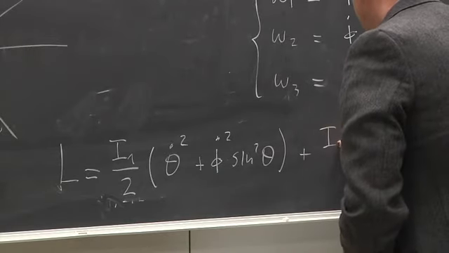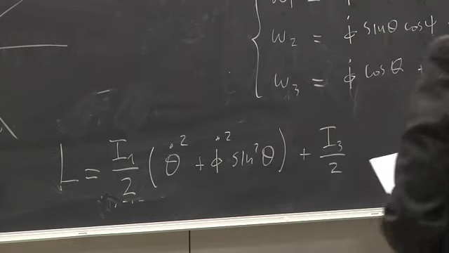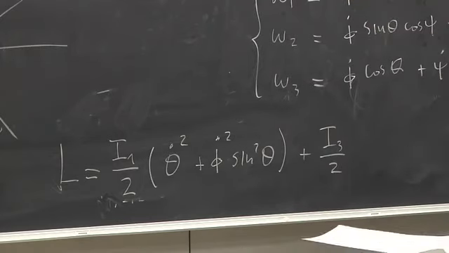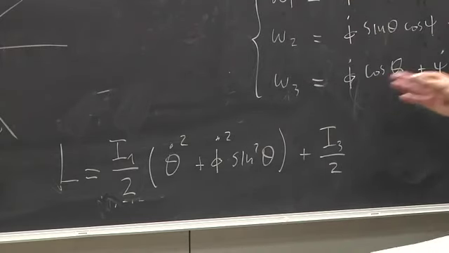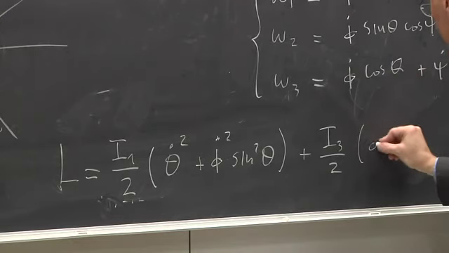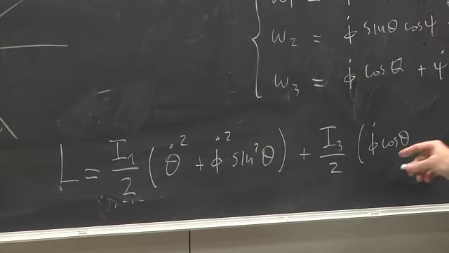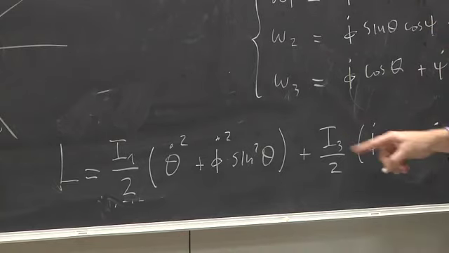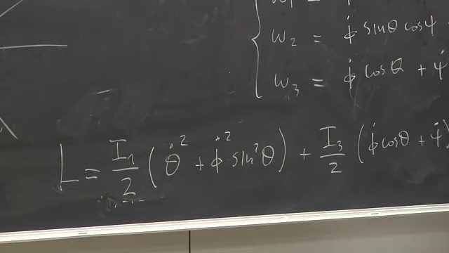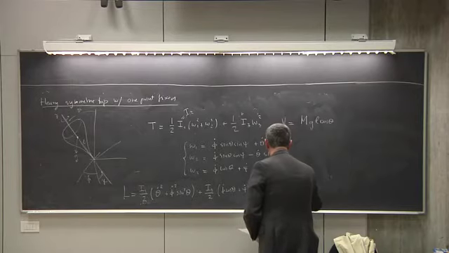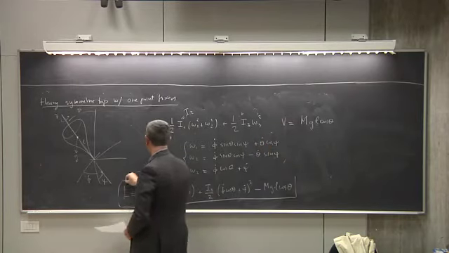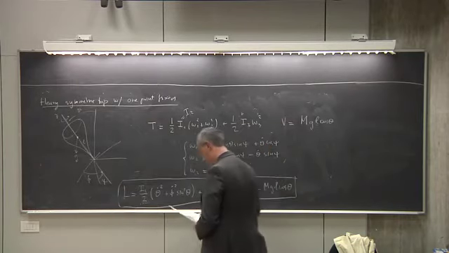And then I have I3 divided by 2. And here I cannot simplify anything because it's just this. So I just take whatever is given and I square it. And here you have the psi dot that was not there, square, minus mgl cosine theta. So this is the Lagrangian of the spinning top.